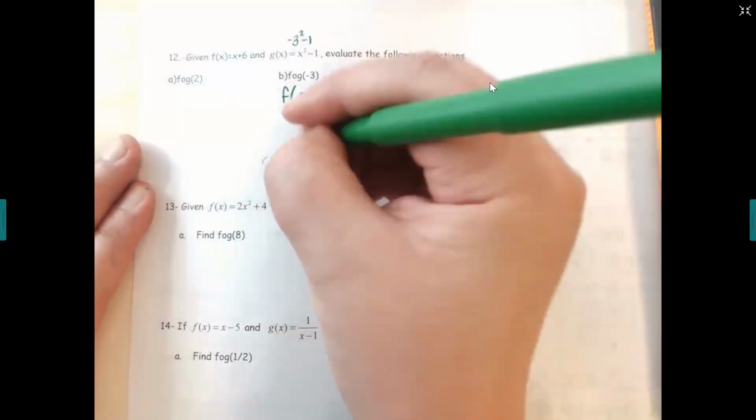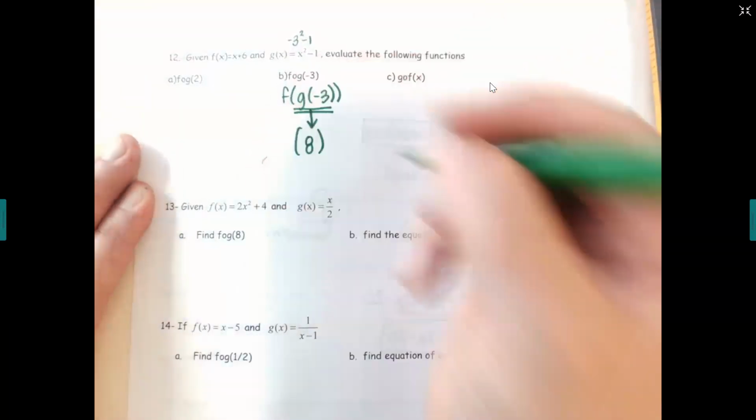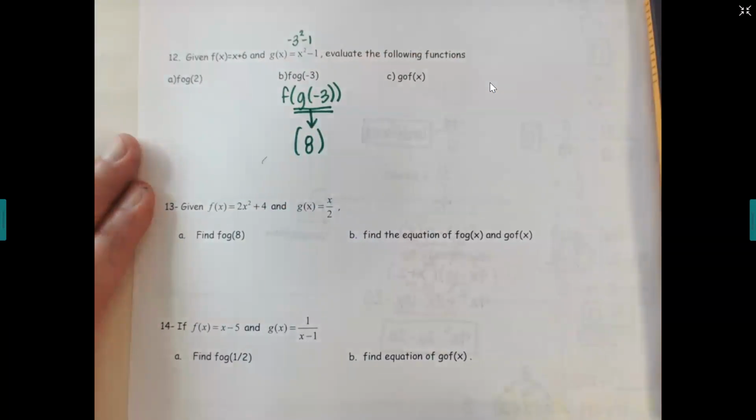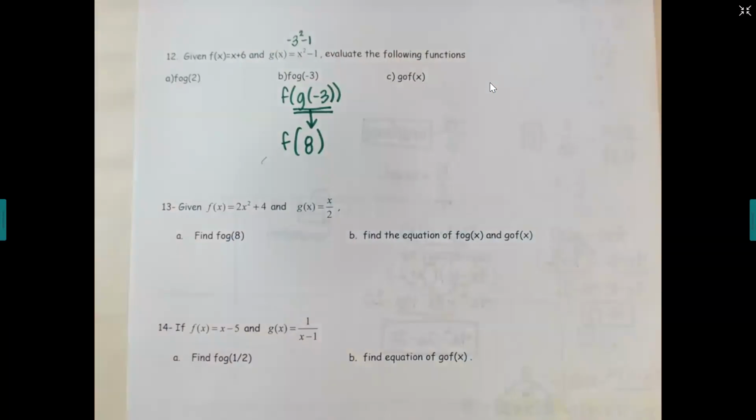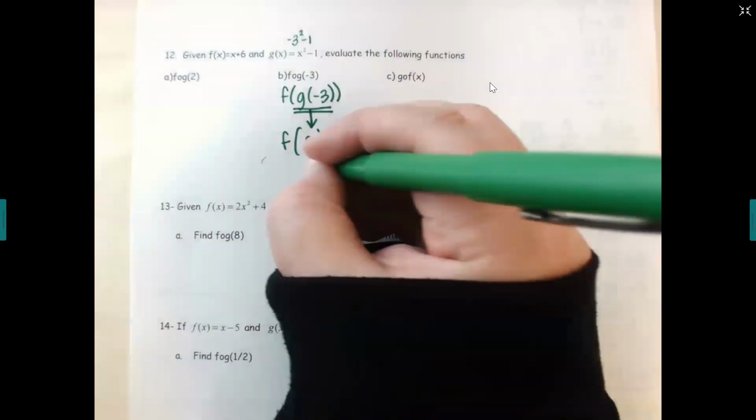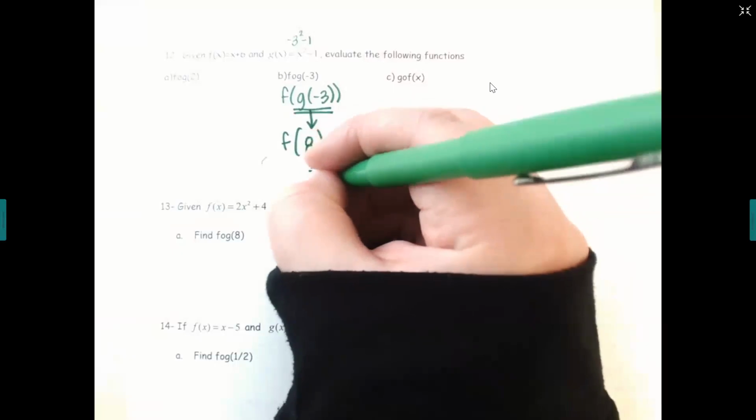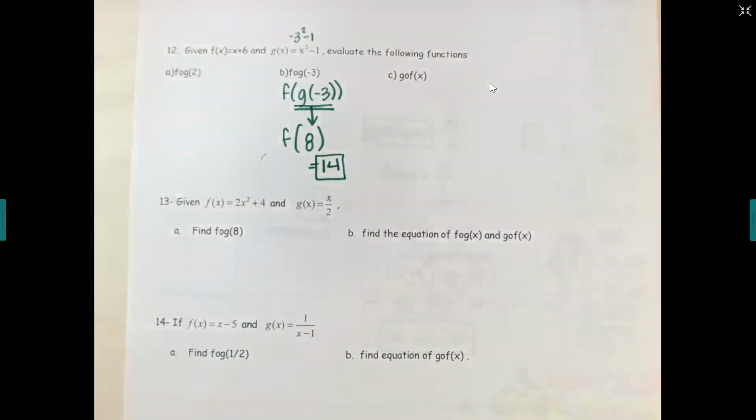And then I'm going to take that 8 and plug it into what? The F formula is next in line. Okay, and then my F formula is an x plus 6. So then that'd be 8 plus 6, which gives me what? 14 for your final answer. Okay. Questions on that?